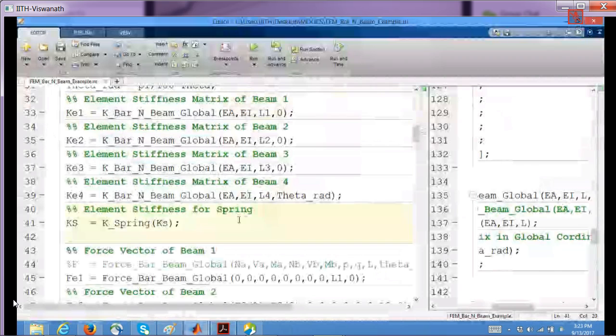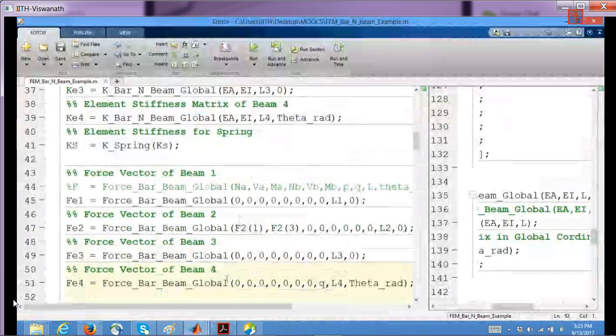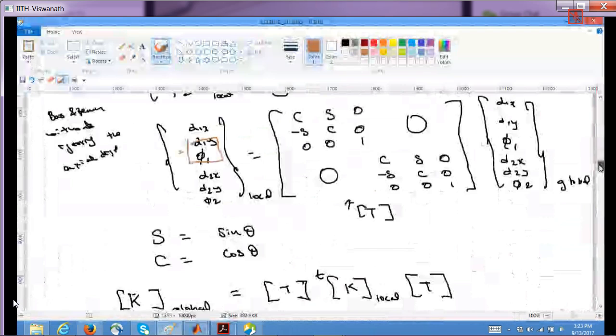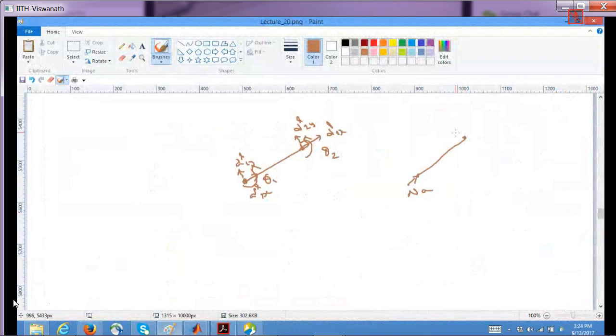Next, similarly, we need to find our force vectors. The force terms consist of the following, very similar to this. We have an axial force NA, NB, and shear force or point loads VA, VB, MA, MB.